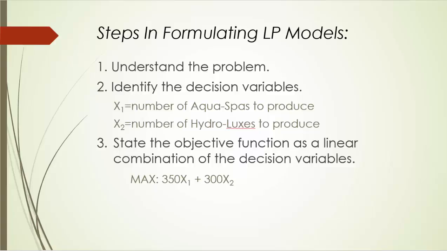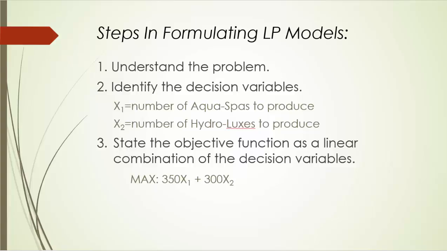Next, we need to state and formulate the objective function as a linear combination of the decision variables. In this case, the objective is pretty clear. We would like to maximize the total profit. The total profit can be written as a linear function of x1 and x2, that is 350 times x1 plus 300 times x2.